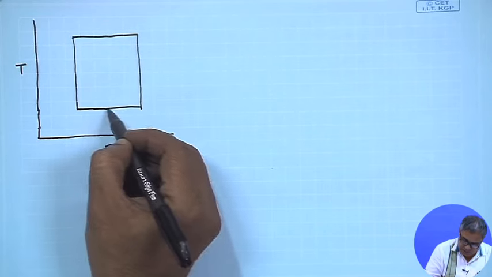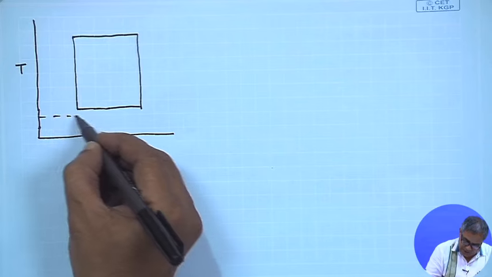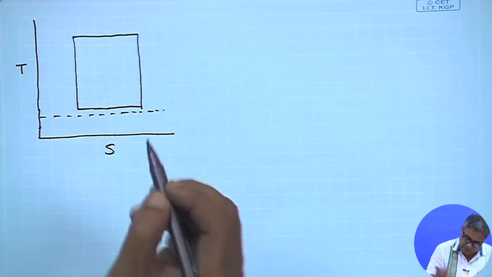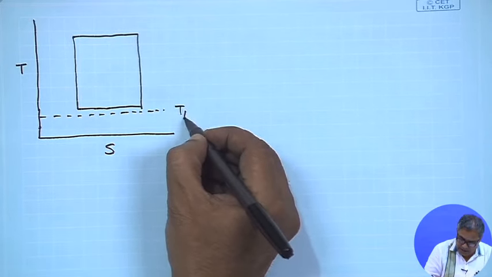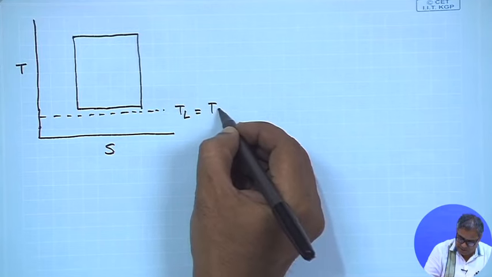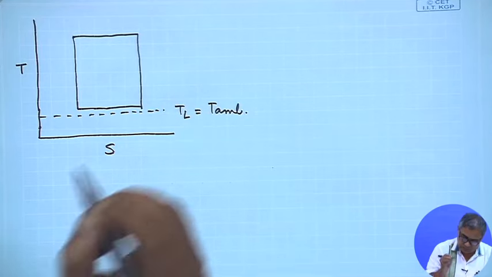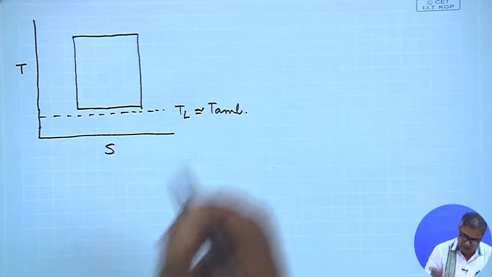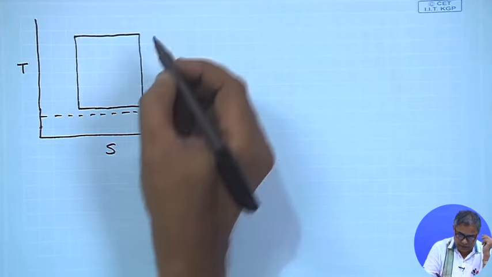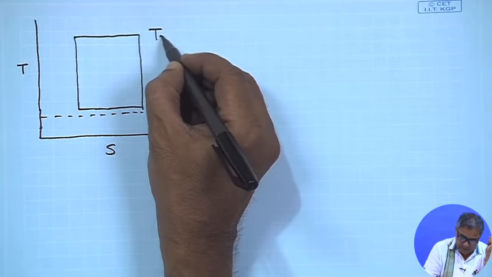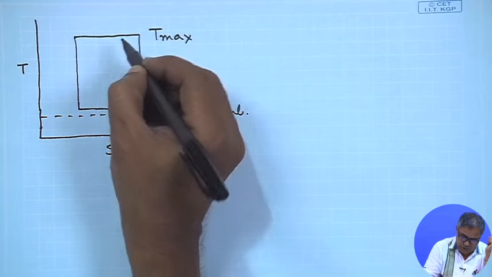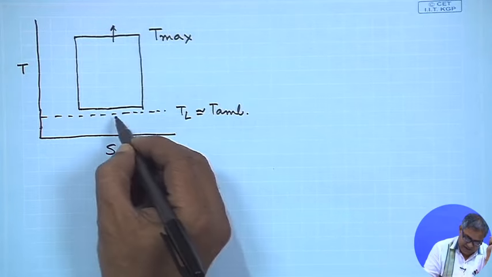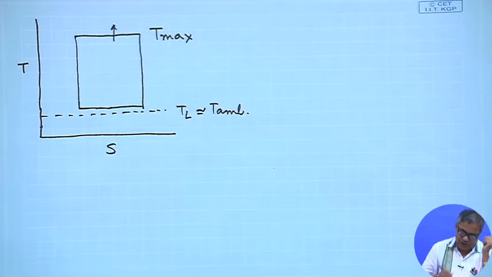So, here what we are having is T L, that is your T ambient, close to T ambient, and then this T max I want to increase. This side there is a limitation. So, I want to increase T max.